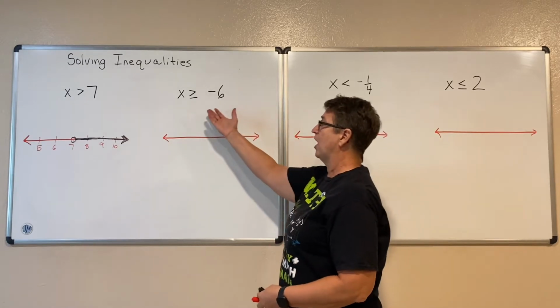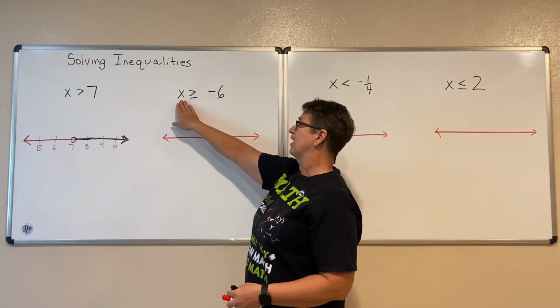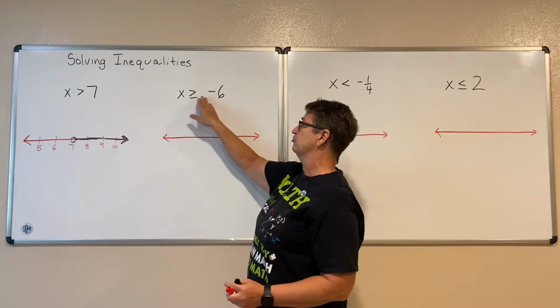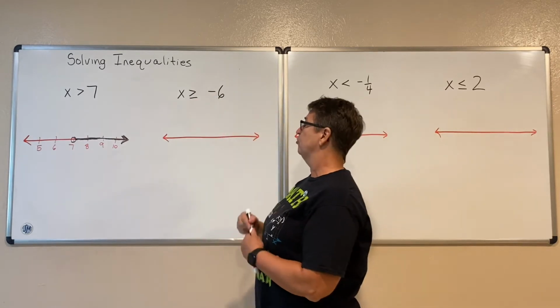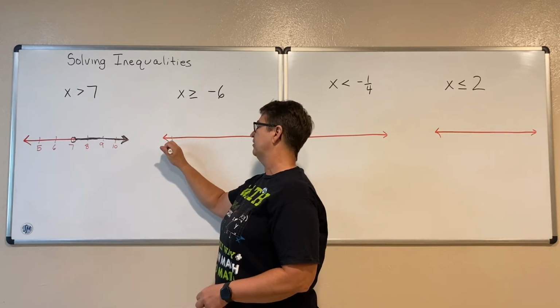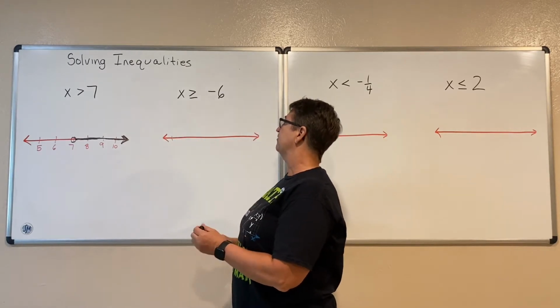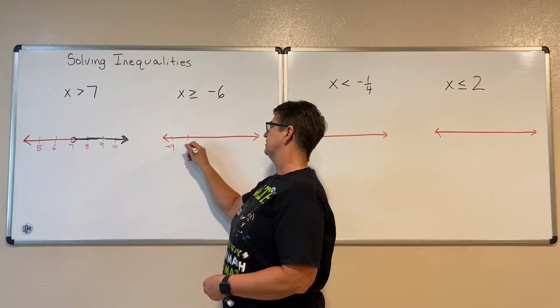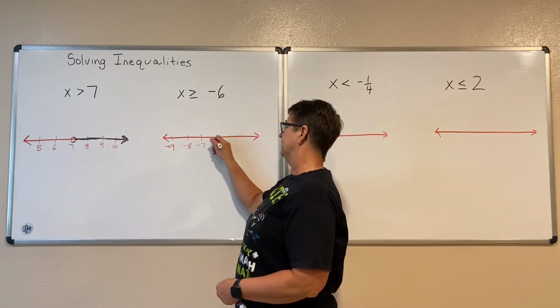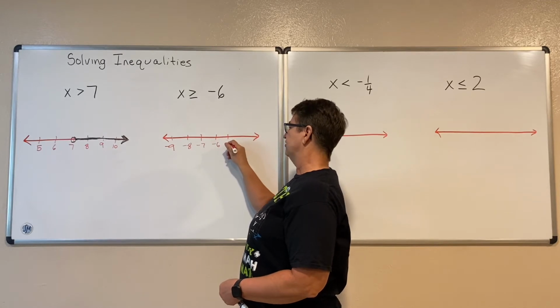We're going to show our solution of this one, where we have x is greater than or equal to -6. This is kind of that same idea, where we're walking along on a number line. We're at -9, -8, -7, -6, and just walking along.